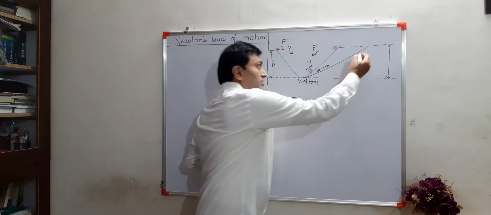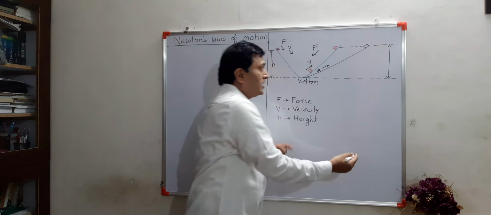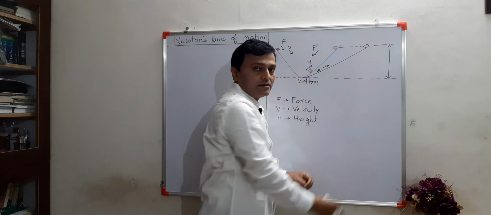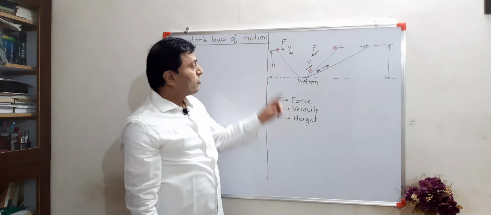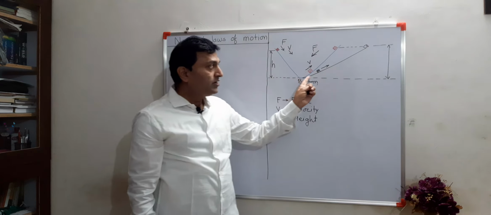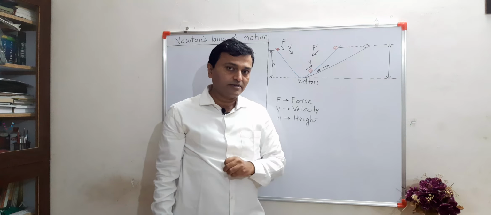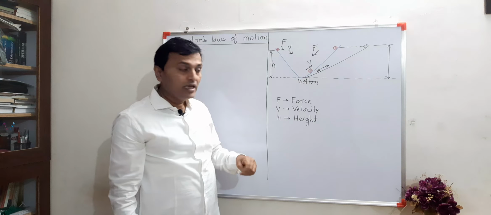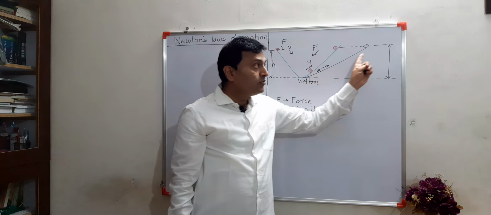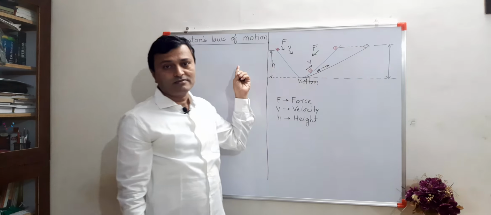When it achieves the same height, you can observe this distance is greater than this distance. Means for the same initial condition, we get a different distance. Suppose again this slope is decreased, then again it will travel more distance for the same condition.